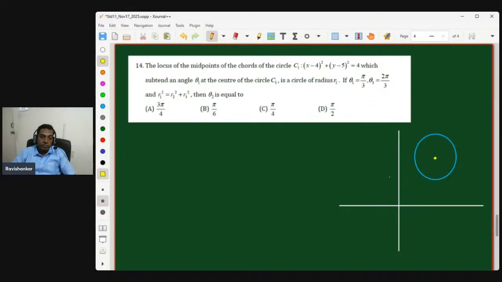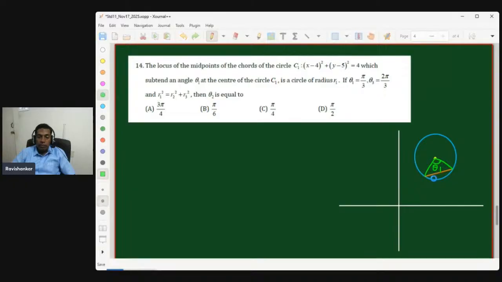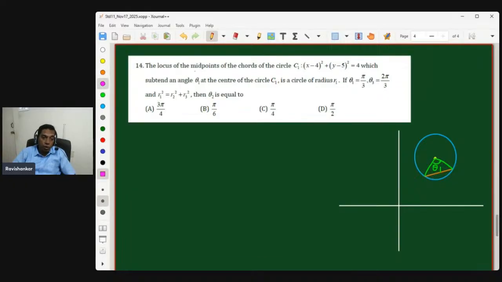Chords which subtend an angle theta 1 at the center. If this is a chord AB, it subtends theta 1 at the center. Another chord with this midpoint will also subtend theta 1 at the center.